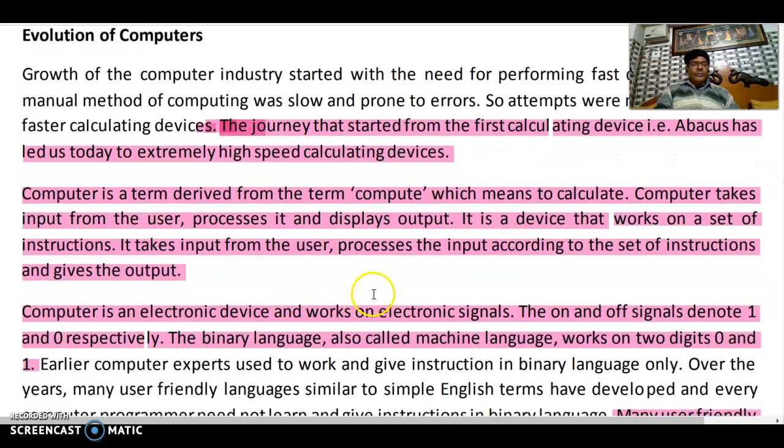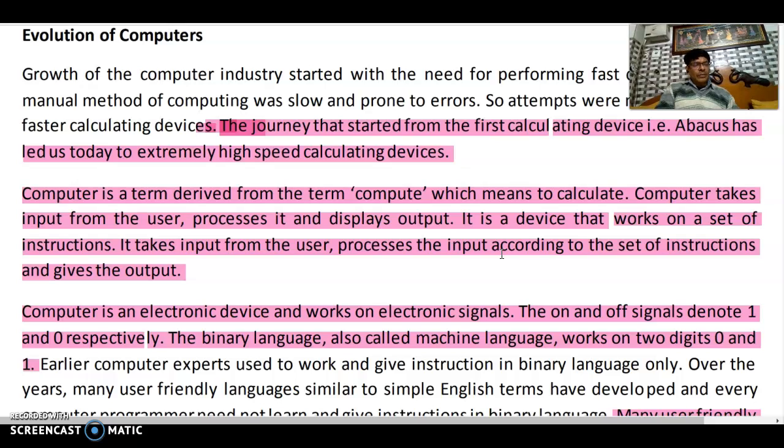So the computer takes input from the user, processes the input according to the set of instructions, and gives the output. If you say 5 minus 2, it will give 3, but if you say 5 plus 2, it will give 7. So if you tell the computer to add, it will do addition. If you tell it to subtract, it will do subtraction.